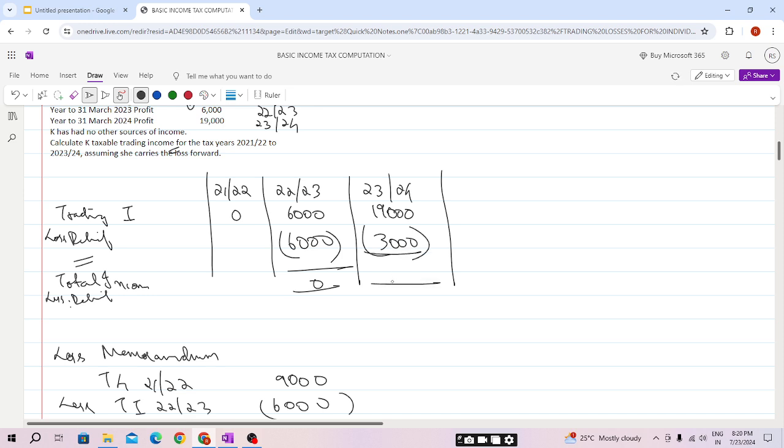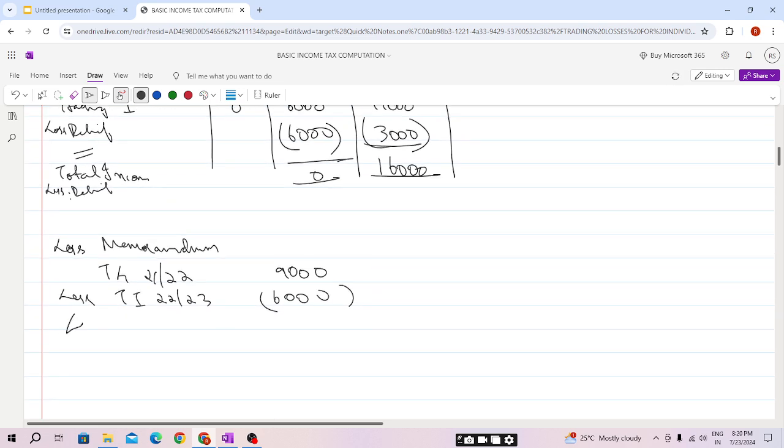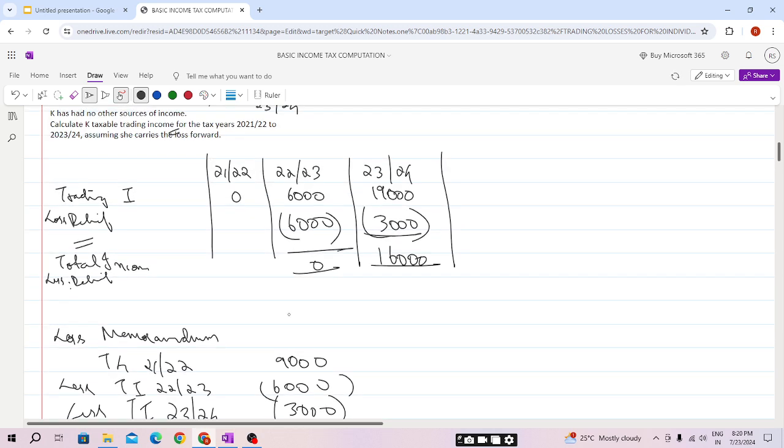So the remaining taxable trading income will be 16,000, less trading income 23-24, 3,000. So we have claimed our whole loss. So the taxable trading income for 21-22 is 0, for 22-23 is 0, and for 23-24 it is 16,000.